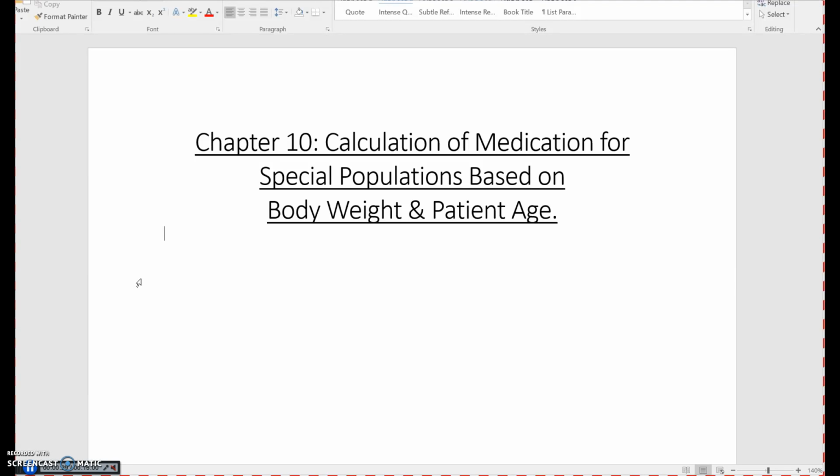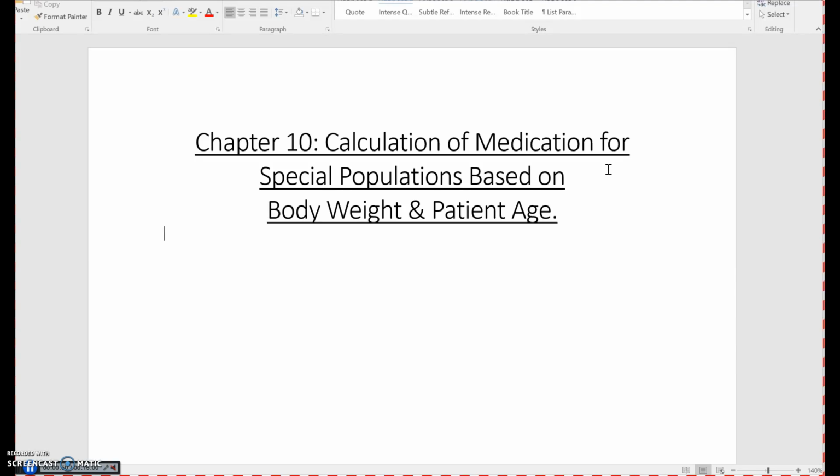So, at the end of lecture 3, I stopped at example 10-8. And so basically what I have been doing is I've been showing you problems where you would have to use pediatric formulas based off of the information that's given.